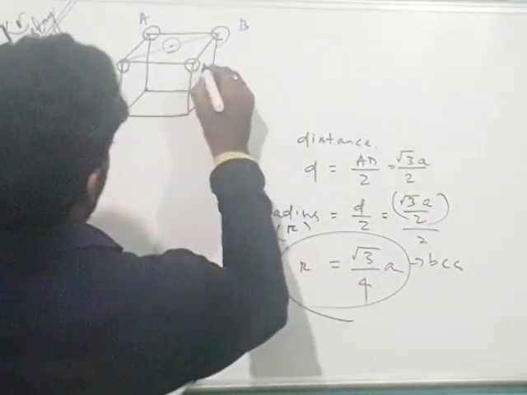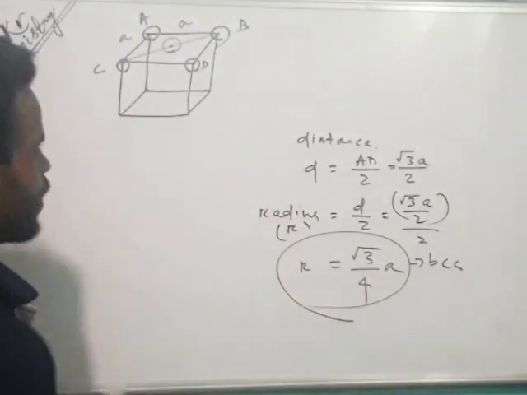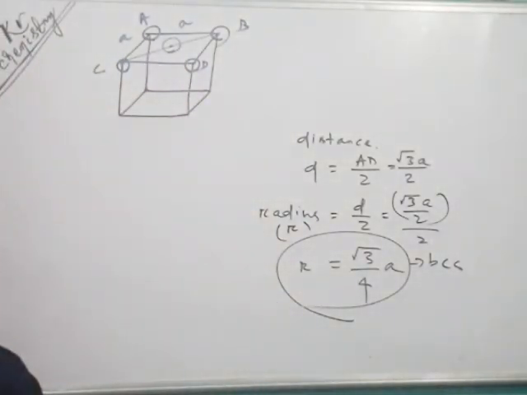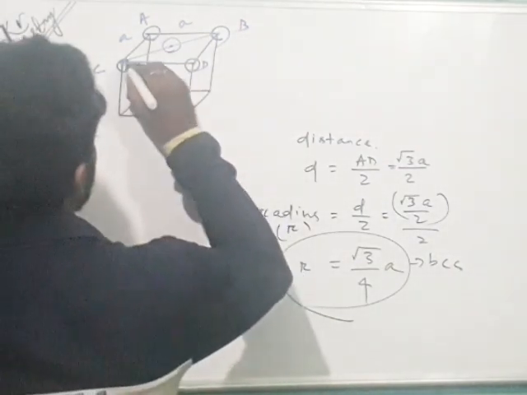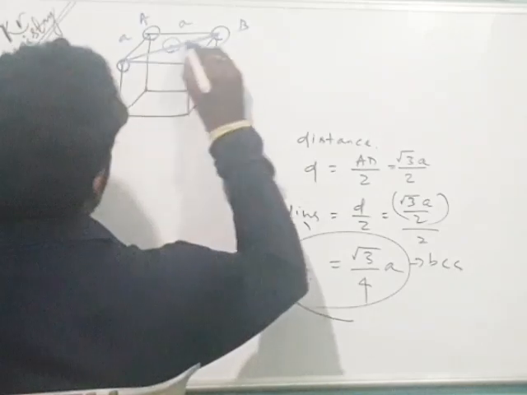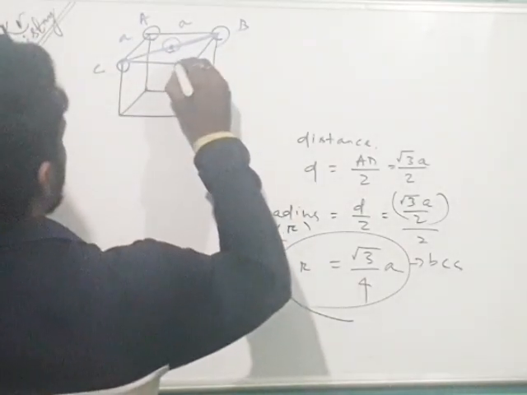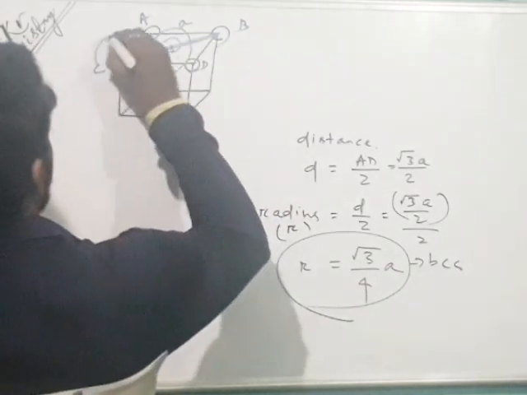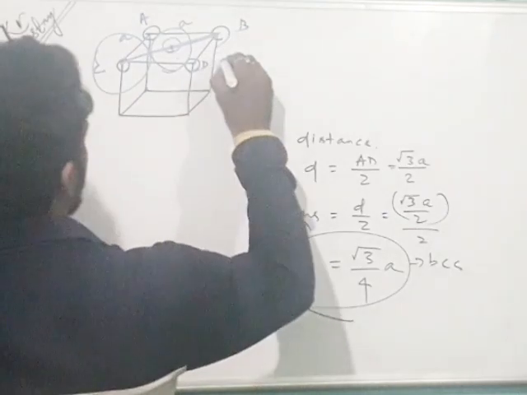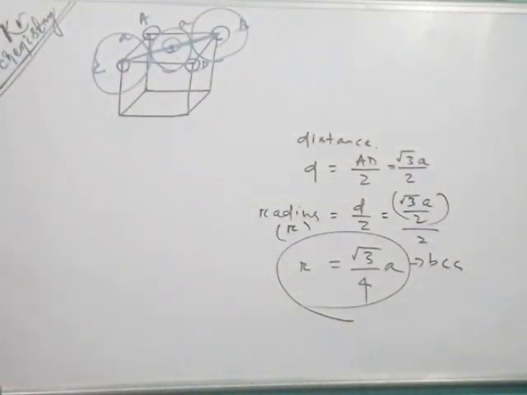For this face, the edge length of the cube is A. If we take this diagonal and connect it to the face center, here is the center of one sphere, another one is here, and another one is here. These are the centers.